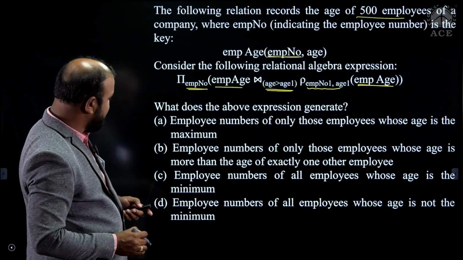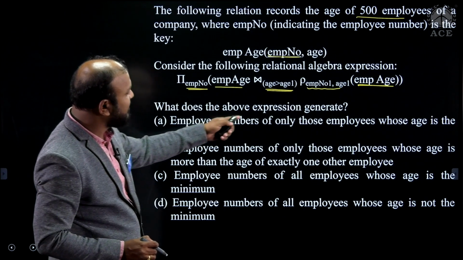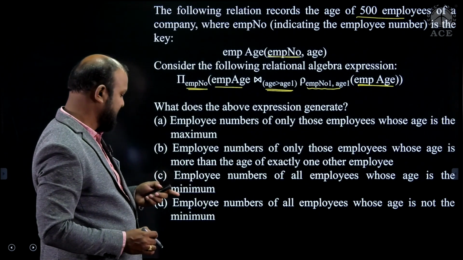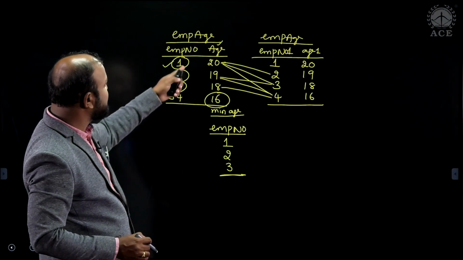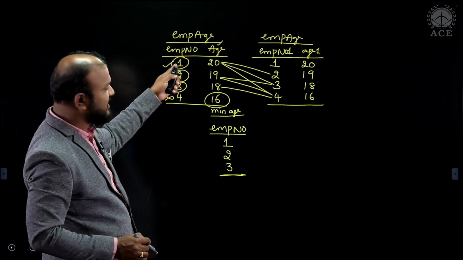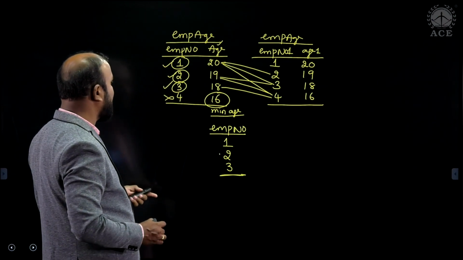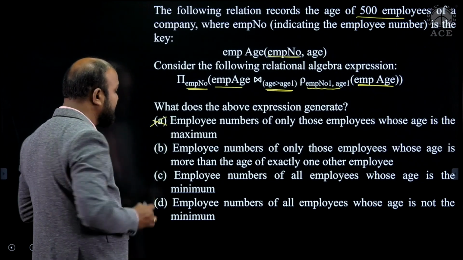Now, coming to the options. Option A, employee numbers of only those employees whose age is maximum. Whose age is maximum means only 1 should be in the output, but along with 1 we also got 2 and 3 in the output. So option A is incorrect.